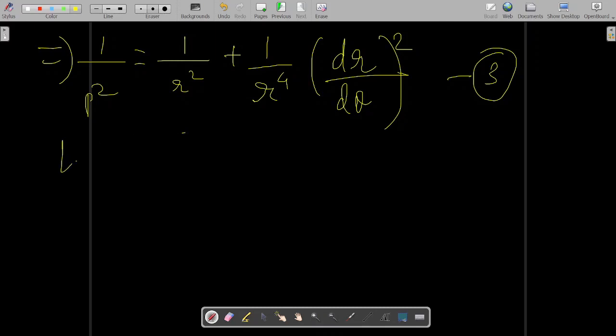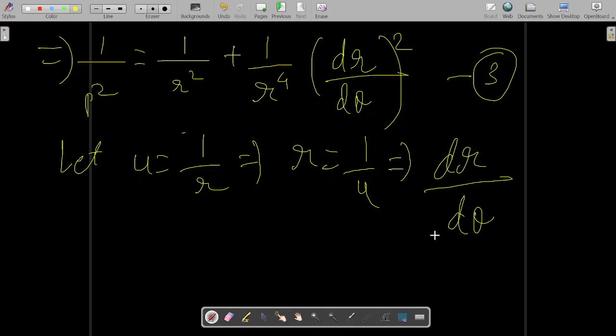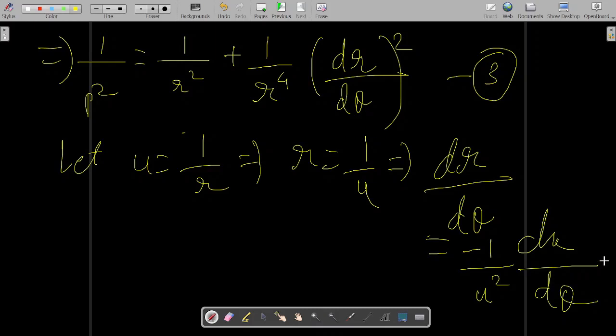Let u is equal to 1 by r. That implies r is equal to 1 by u. Okay, so we will get the value of dr by d theta from here. What will it be equal to? Minus 1 by u square du by d theta, right?